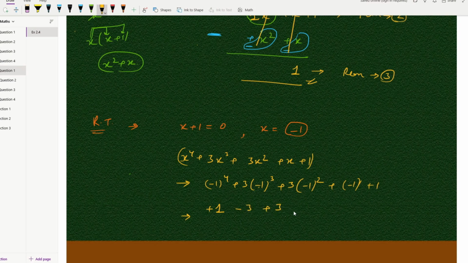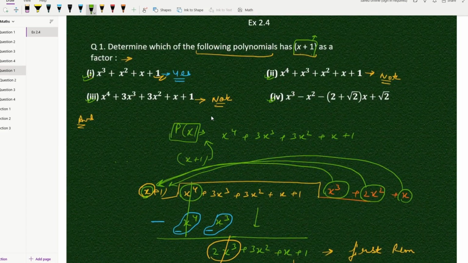This will be plus 3, this will be minus 1, this will be plus 1. So minus 3 से plus 3 cancel out हो जाएगा, 1 से minus 1 cancel out हो जाएगा. So finally the remainder is 1 here, which is same as in the case of long division, but ये नॉन ज़ीरो है तो x plus 1 हमारा इस बड़े वाले पॉलिनोमियल का फैक्टर नहीं है, राइट.